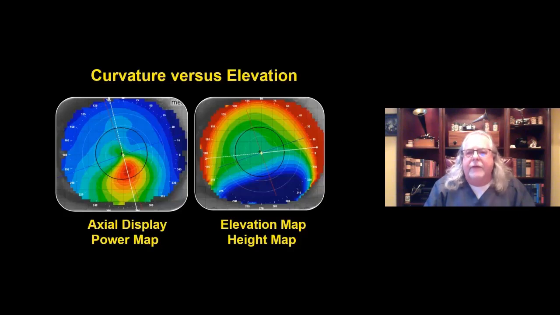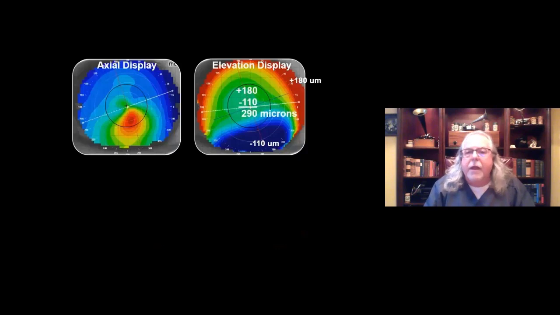It tells us where the cornea is highest, where the red is, and where the cornea is lowest, wherever the blue is. With that information, we can move our cursor around very quickly, identify the high spot that is 180 microns higher than a spherical surface.